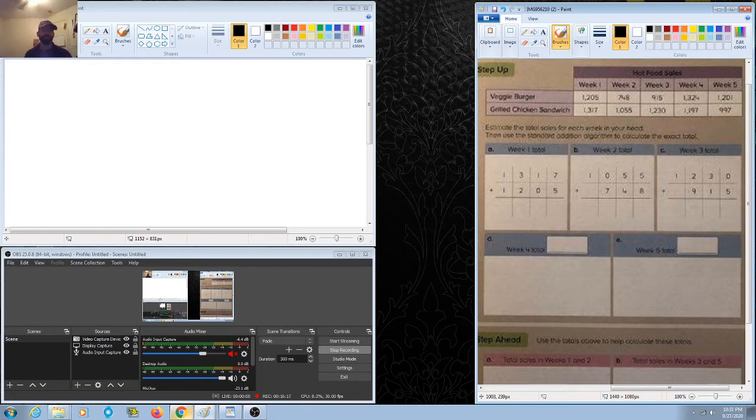Okay, so this is a 5x2 table here. The columns represent the weeks, and the 2 rows represent the type of food, being the veggie burger and the grilled chicken sandwich, which actually sounds really good right now.